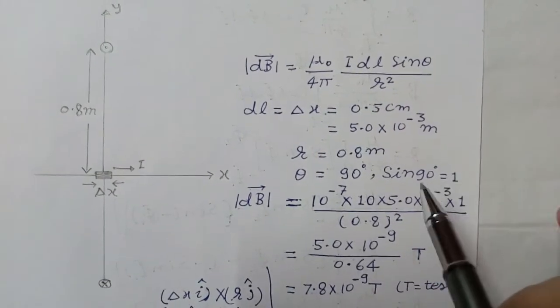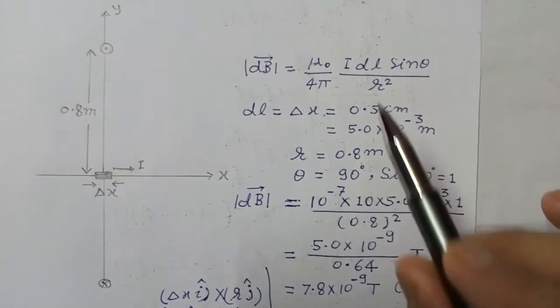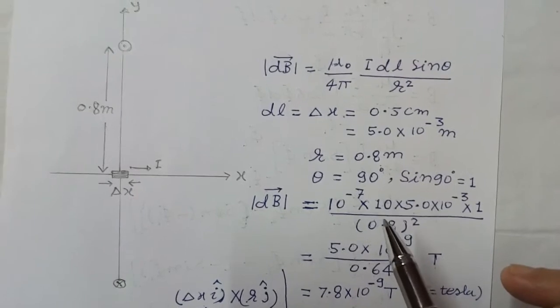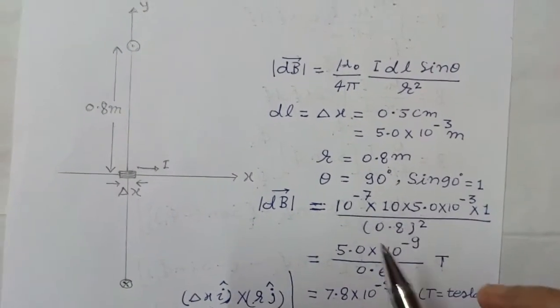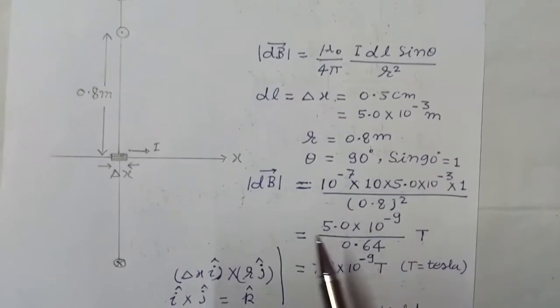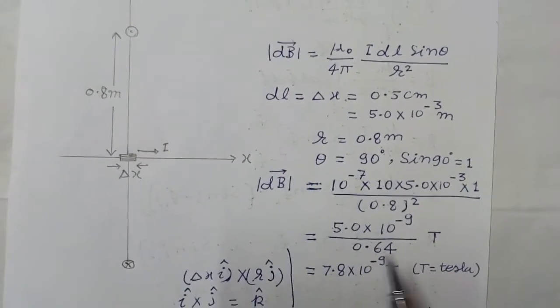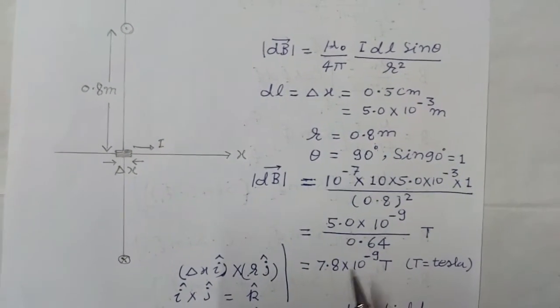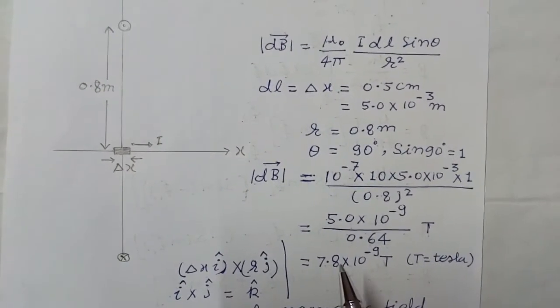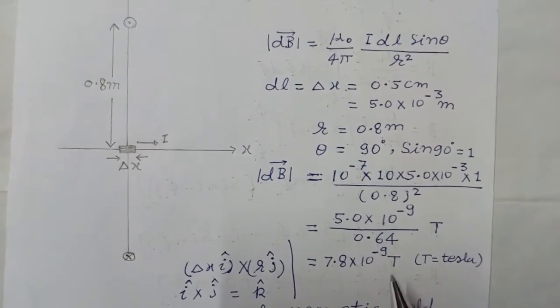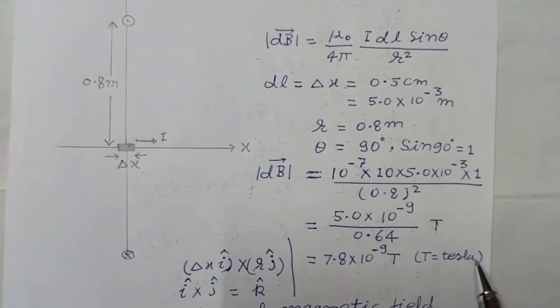Sin theta is equal to sin 90 is equal to 1, and for current I 10 ampere, and for r 0.8 square. Now this is equal to 5.0 into 10 to the power minus 9 upon 0.64 Tesla. So solve it, you will get 7.8 into 10 to the power minus 9 Tesla. This capital T is for the unit Tesla.